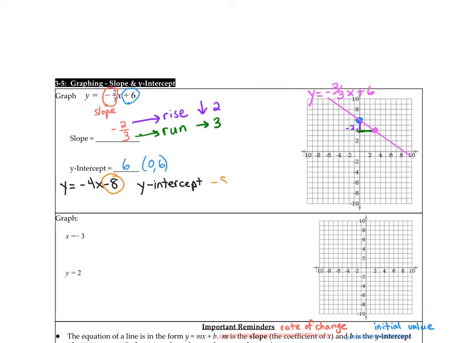The y-intercept is at negative 8, so you plot that at 0, negative 8. And the slope is the number in front of the x, so that's negative 4.